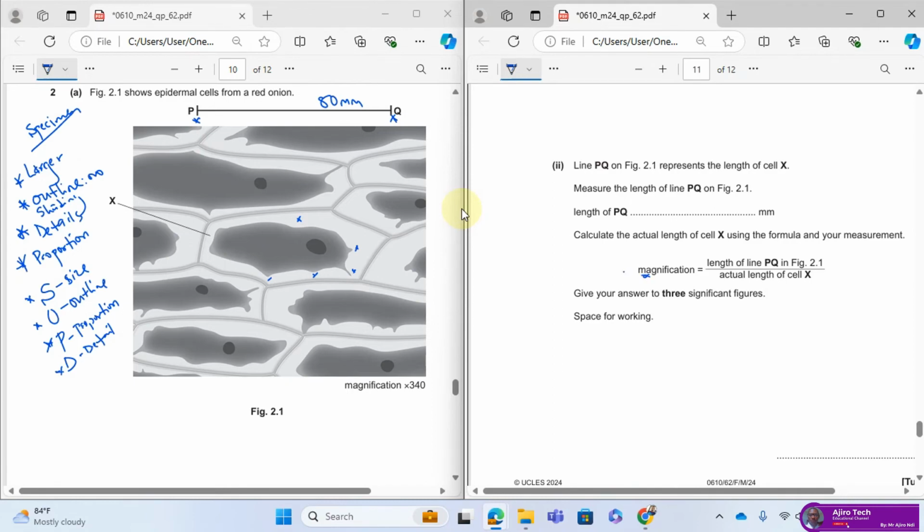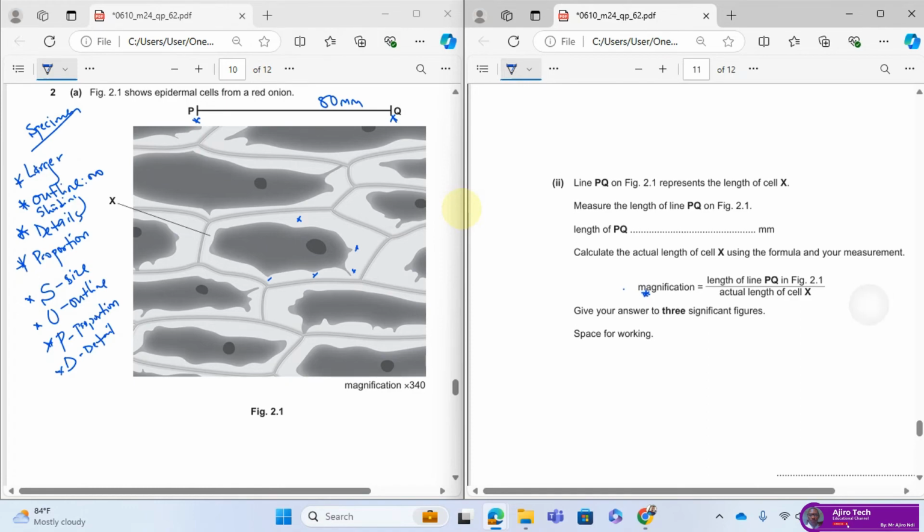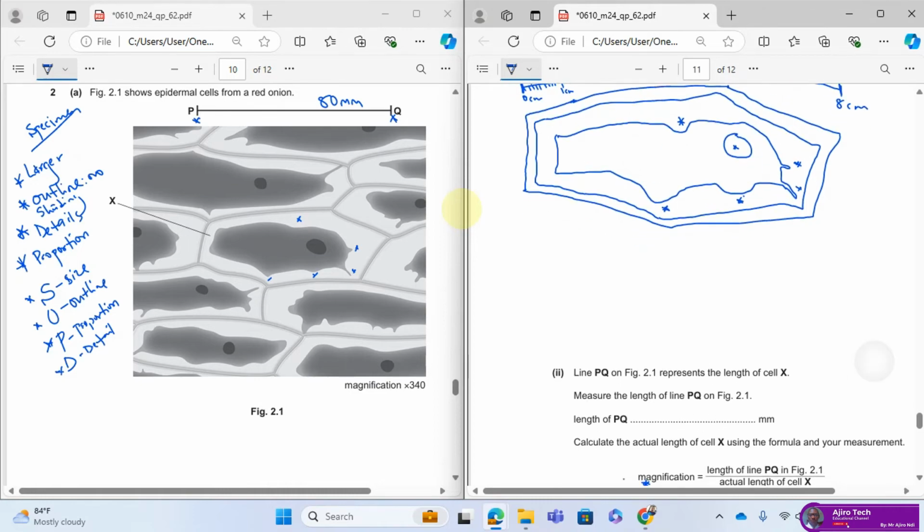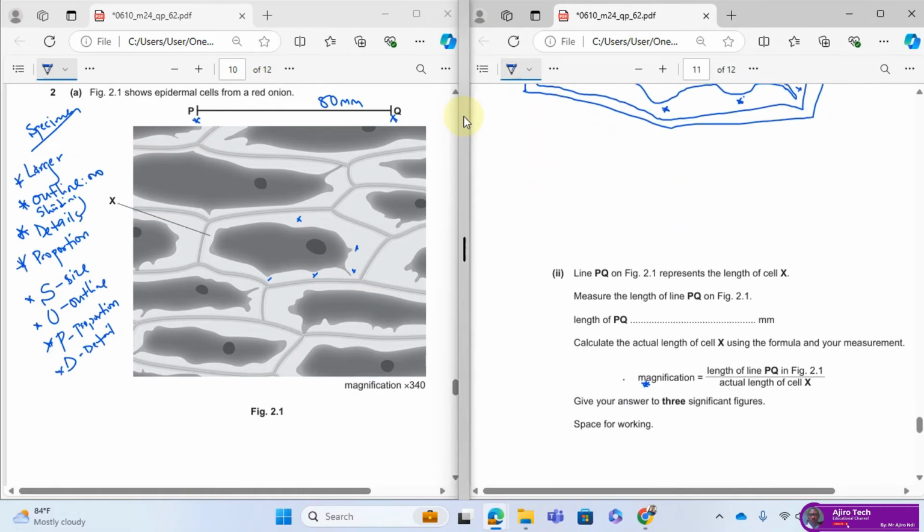So we have the magnification already on the diagram, as times 340. We have seen that the length here, let's assume with a ruler we got 80 millimeters.